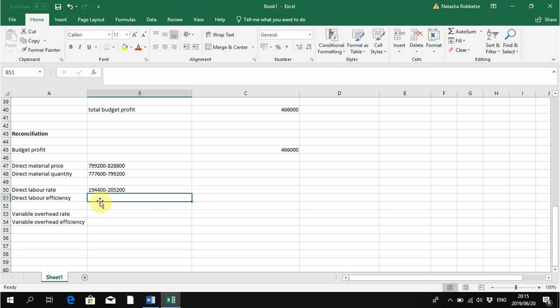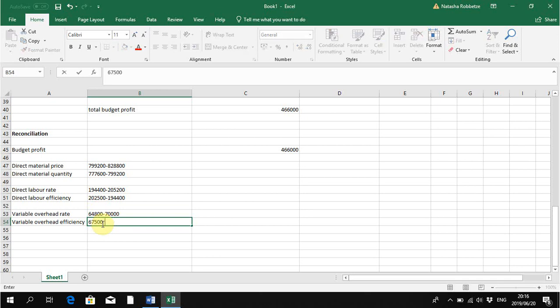For the efficiency, it's going to be the 202,500 minus the 194,400. So you start seeing the pattern here. For the variable overhead rate, it is going to be the 64,800 minus 70. And for the efficiency, it is 67,500 minus 64,800.